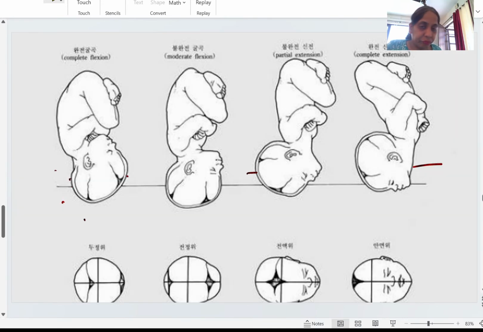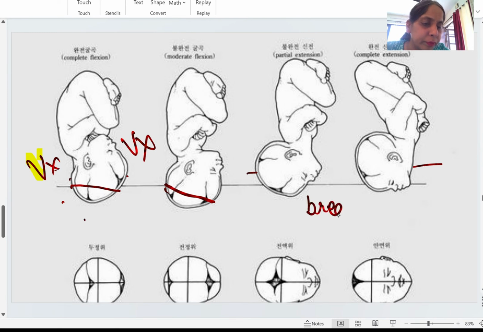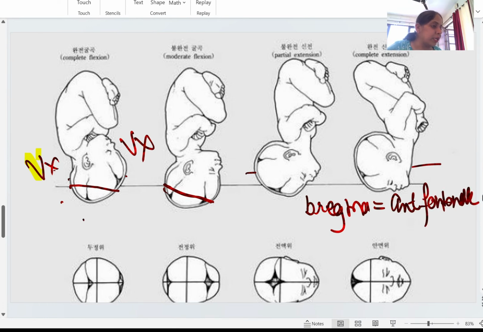You can see here, both of these are vertex. So you can see the diameters are suboccipitobregmatic. Where is the bregma located? Bregma is the anterior fontanelle.